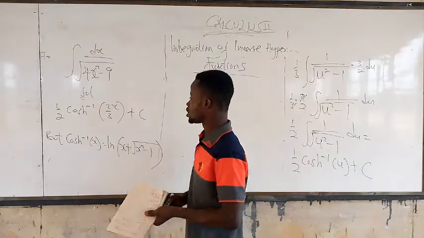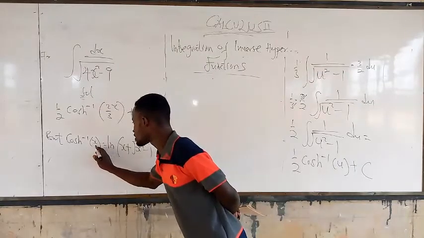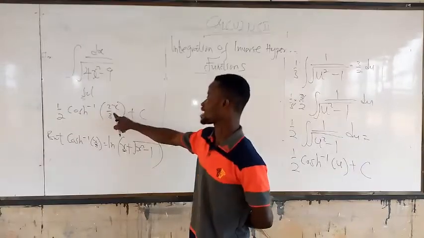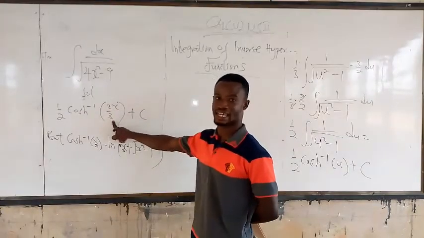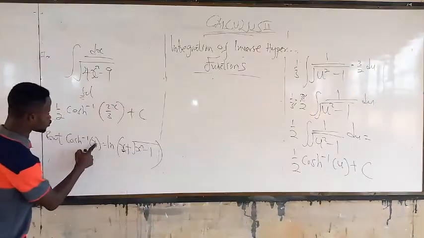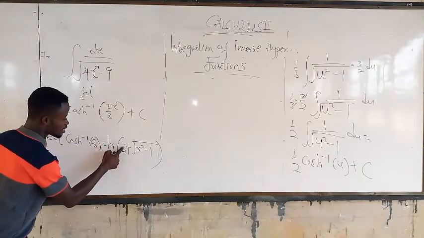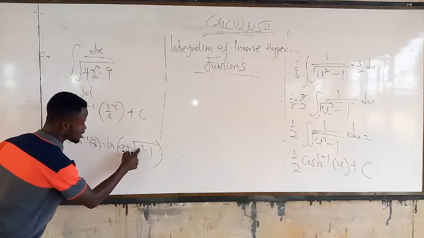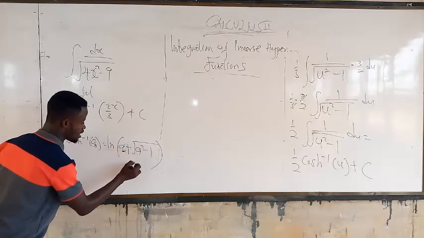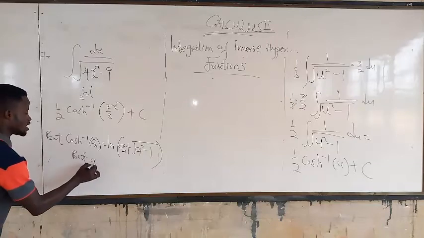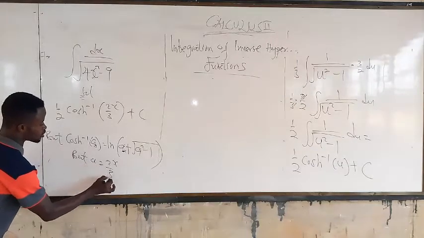Now, wherever you see this s, is now not going to be s, but rather 2s over what? 3. So I would like to put this as a squared. So here, a is equal to 2s over 3. Alright?